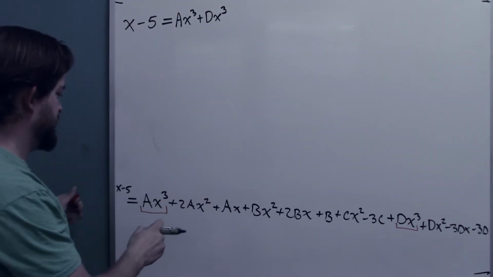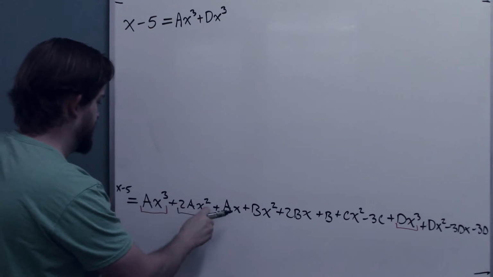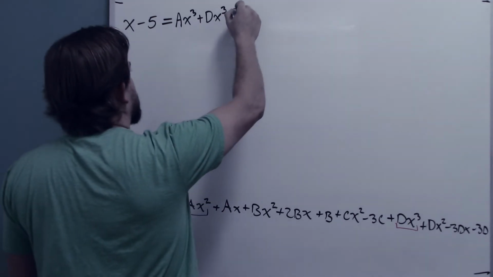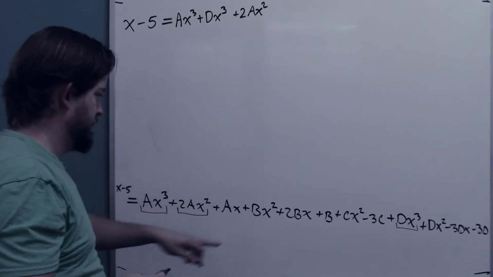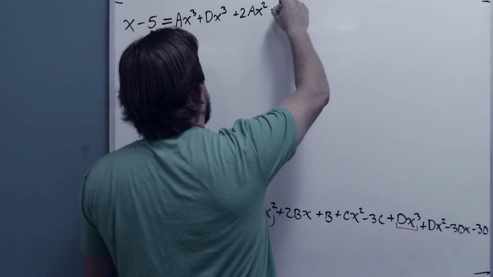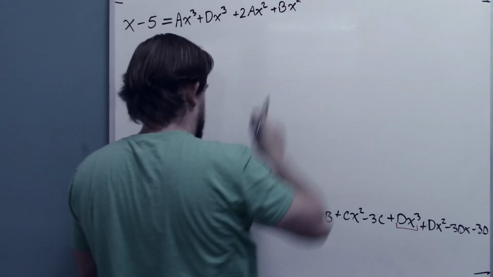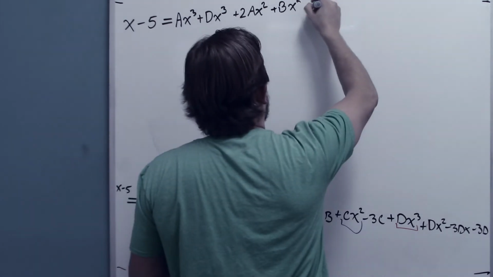And then my squares, I have 2ax squared plus bx squared plus cx squared.